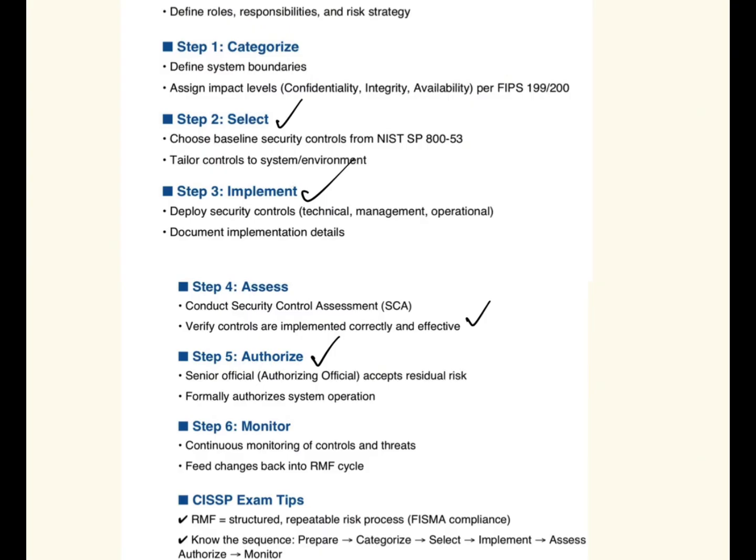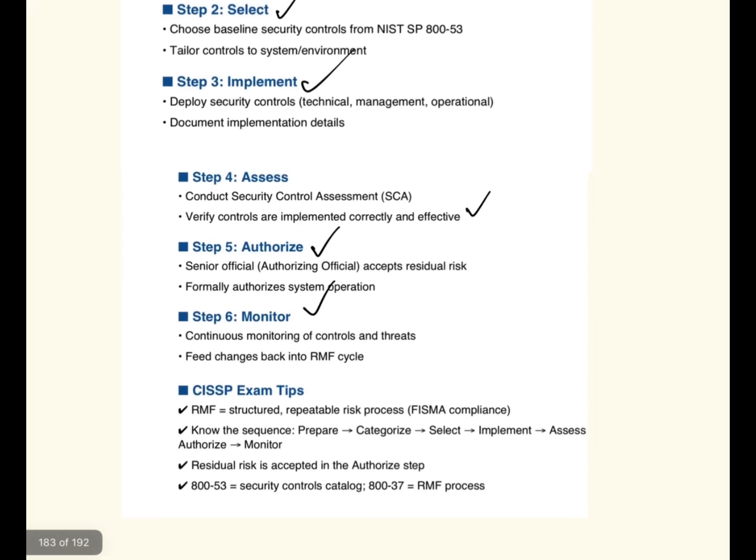It's like a house owner giving final approval to move in, even if the locks are not 100% working. And step six is monitor.